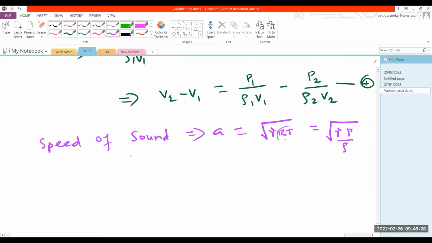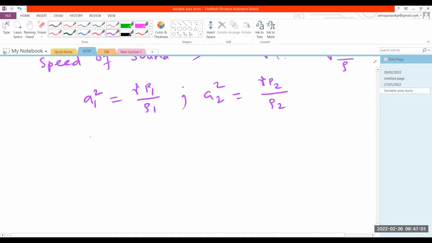Now you can write A1 square equal to gamma into P1 by rho 1. Similarly, A2 square equal to gamma into P2 by rho 2.